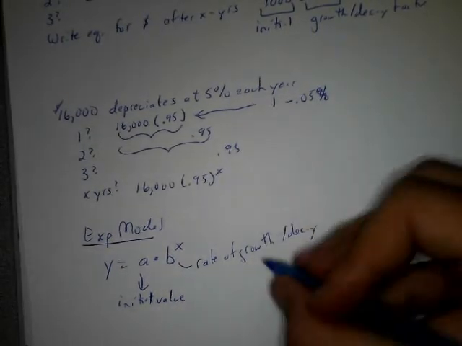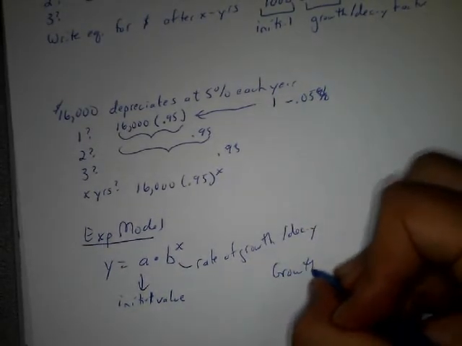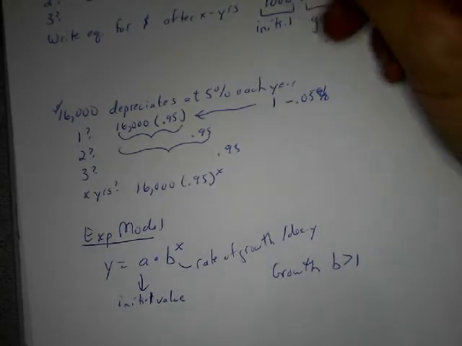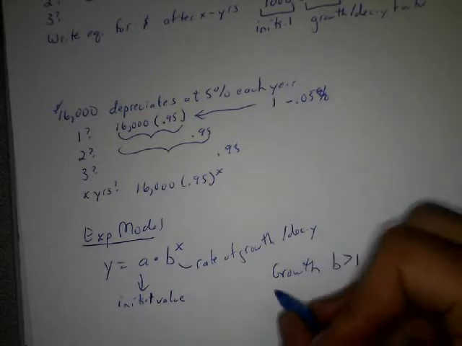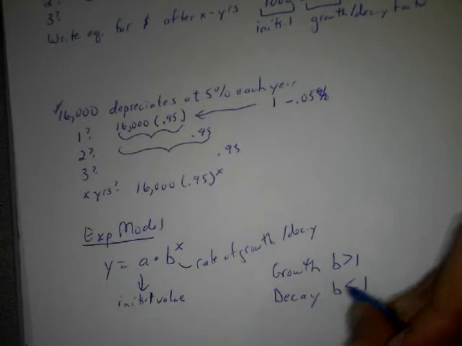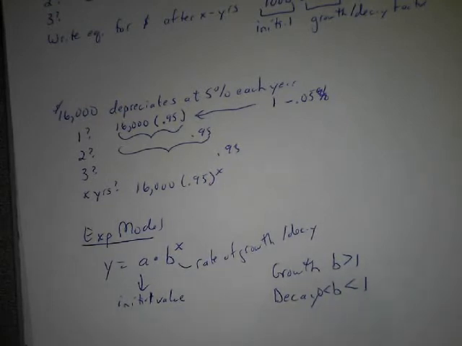If it is a growth model, then b is bigger than 1, which we saw in the first example, where it's 100% plus 7%. If it's a decay model, you would have b is less than 1, but greater than 0. And that wraps things up for this short mini lesson on exponential models.